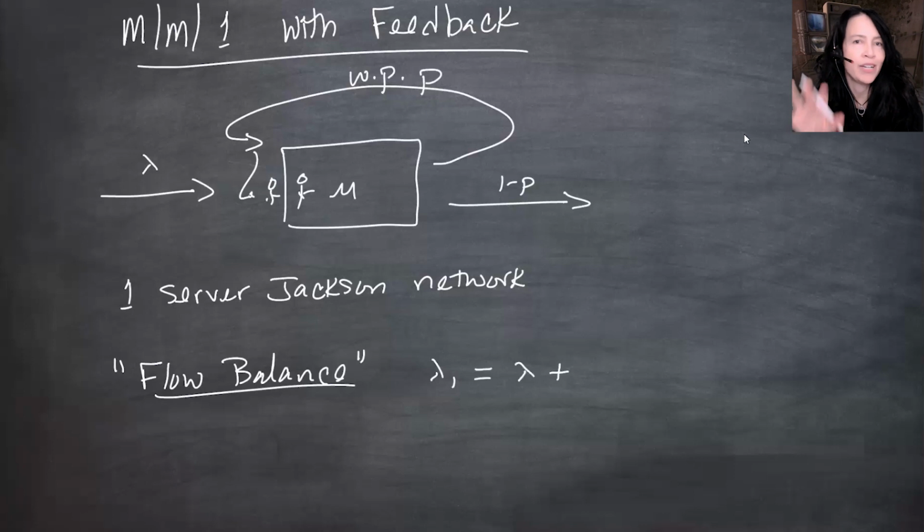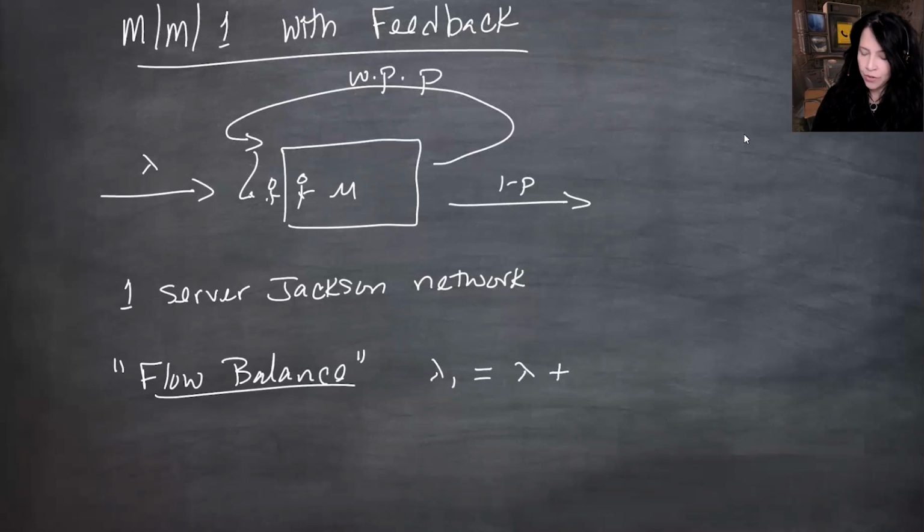It's not rate mu, and I totally get why you would think that. It's only rate mu if there are a positive number of people there. But if you average over the times when there are 0 people there, it's rate lambda. So I am letting lambda 1 be the flow in and flow out.